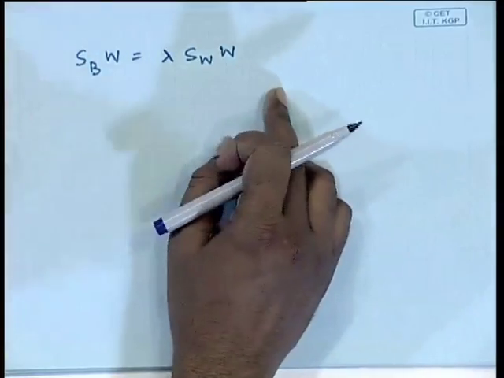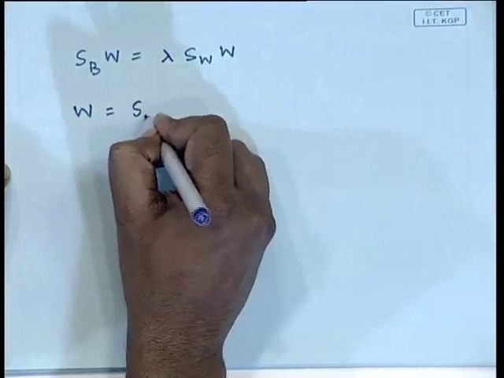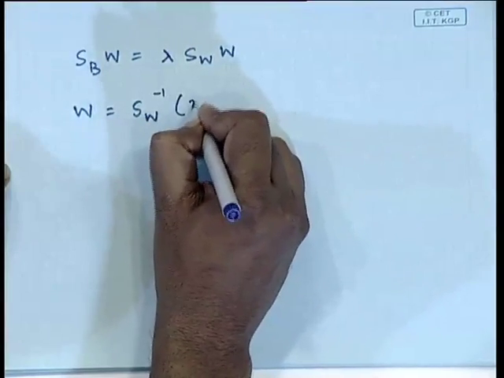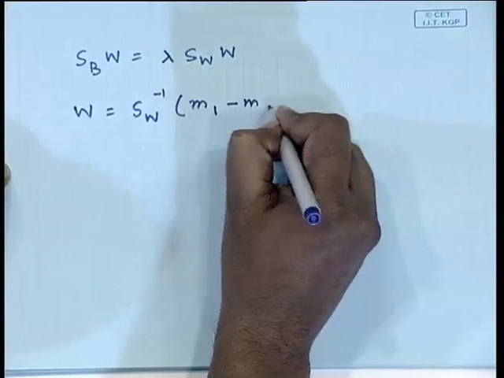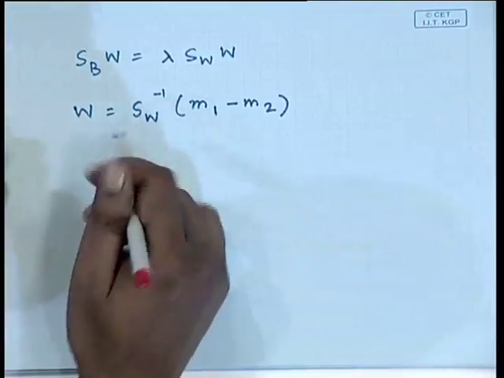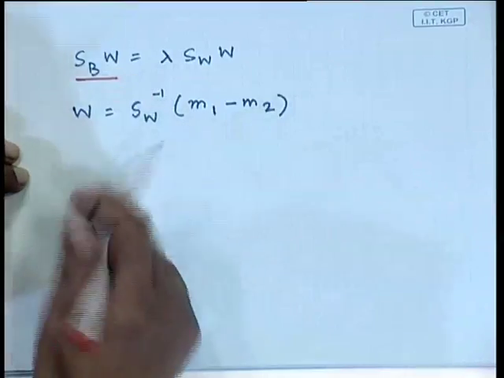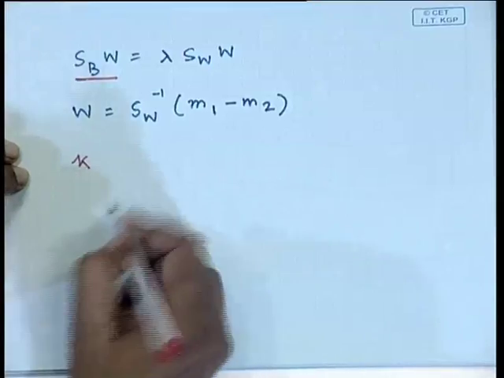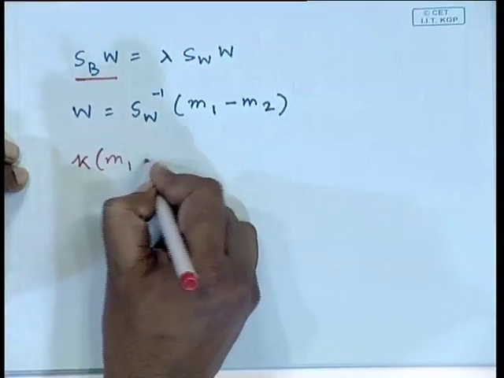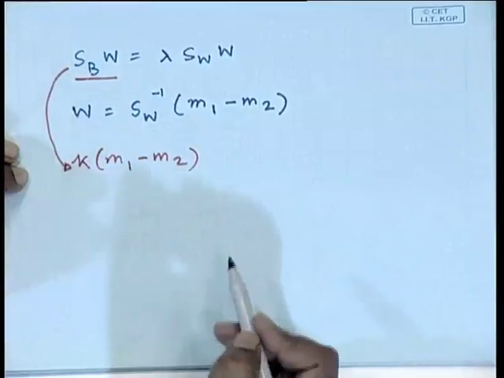Okay. So, from this you can easily find that W is nothing but S_W inverse times (M1 minus M2). Why is it so? Because as we said, S_B W is a vector in the direction of M1 minus M2. So, I can write this S_B W as some scale factor k times (M1 minus M2), because it is a vector in the direction of M1 minus M2, right.